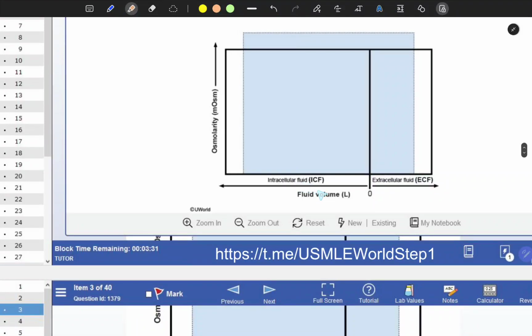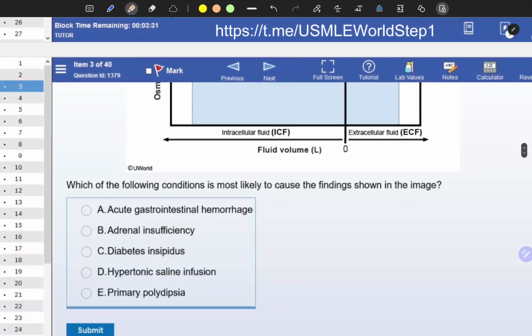The intracellular fluid volume has decreased, but the osmolarity has increased. The same is the case for the extracellular fluid: the osmolarity has increased, but the ECF volume has decreased.